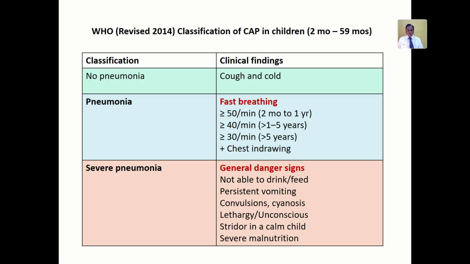So any child with fast breathing who has general danger signs should be considered as severe pneumonia. I think this classification is very simple, because no pneumonia, no need to treat, no need to give antibiotics. Whereas a pneumonia child, definitely we have to treat as outpatient management. That is what we are going to discuss now.